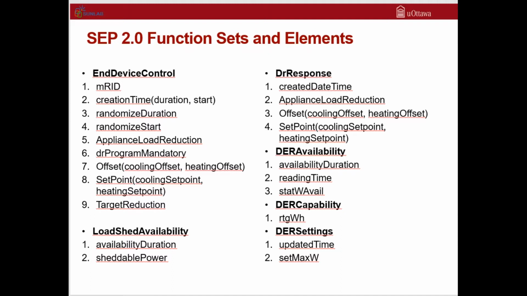With those function sets and all of the elements and attributes inside them, we are able to perform transactional demand response without breaching the privacy of the customers. As you see, those function sets and elements are not going to disclose the information of the customers to the utility, and also it's not disclosing the utility size to the customers, and this somehow keeps the security and privacy for both sides.